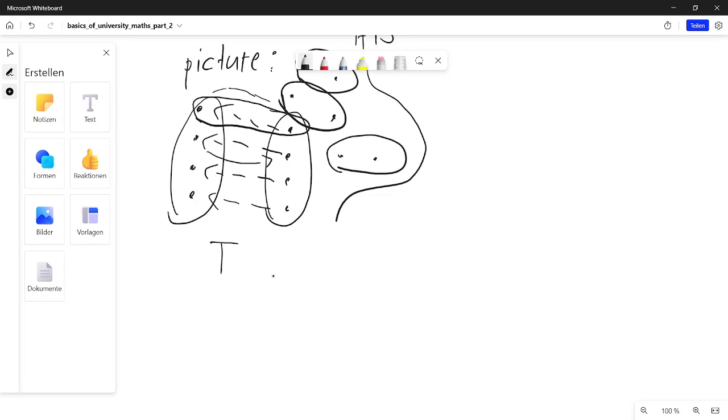And indeed, there's a theorem that postulates exactly that.